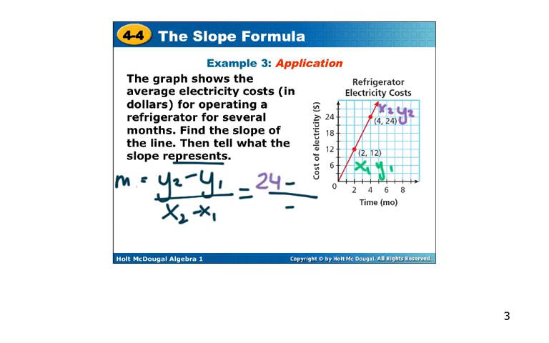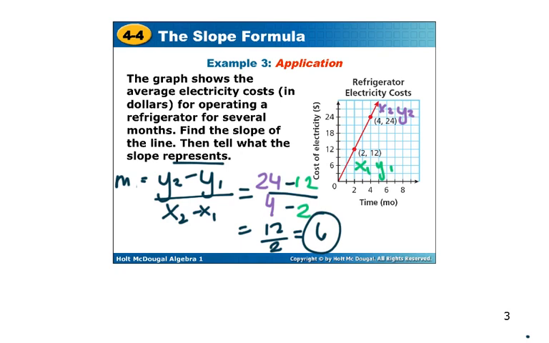From that I'm going to subtract my y1, which is 12. Then we've got our x2, which is 4, and our x1, which is 2. So if we simplify, 24 minus 12 is 12. 4 minus 2 is 2, but of course 12 divided by 2 is 6.